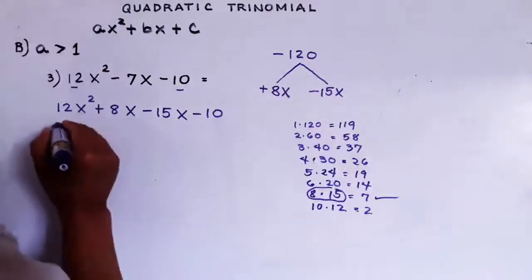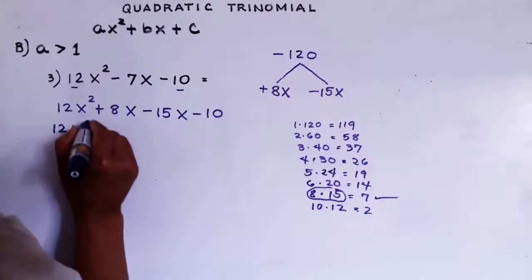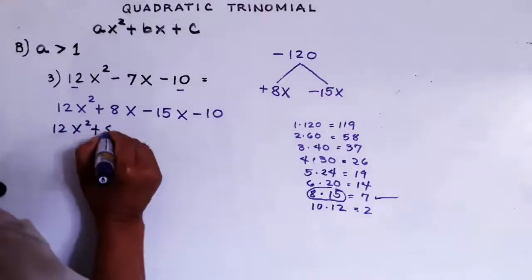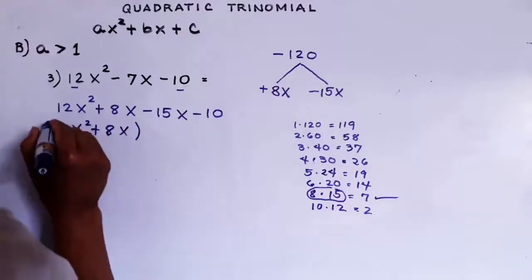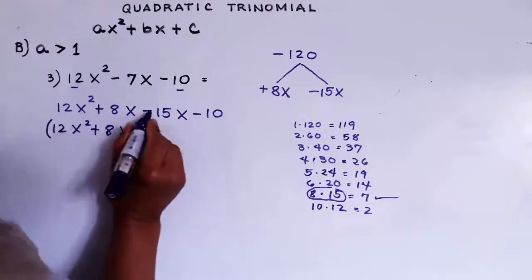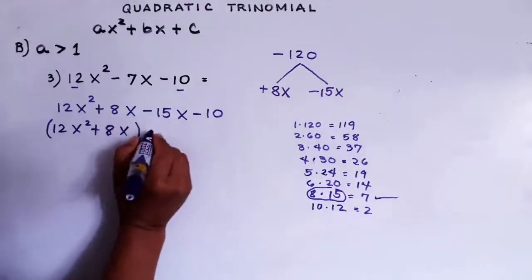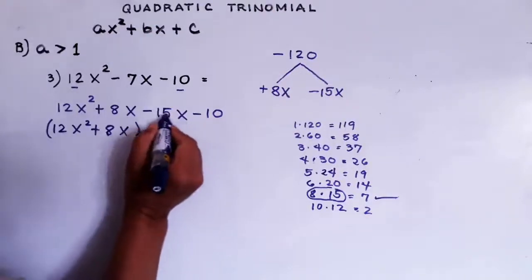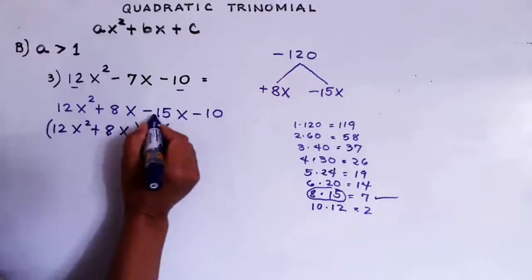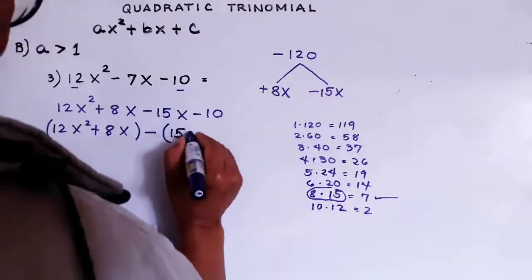Now let us group. So we have here 12x squared plus 8x. I'm going to put this one inside the parenthesis now. Careful now because this one is negative, so I'm going to put the negative here. When I group that one, the sign of this one will change. Positive 15x here.